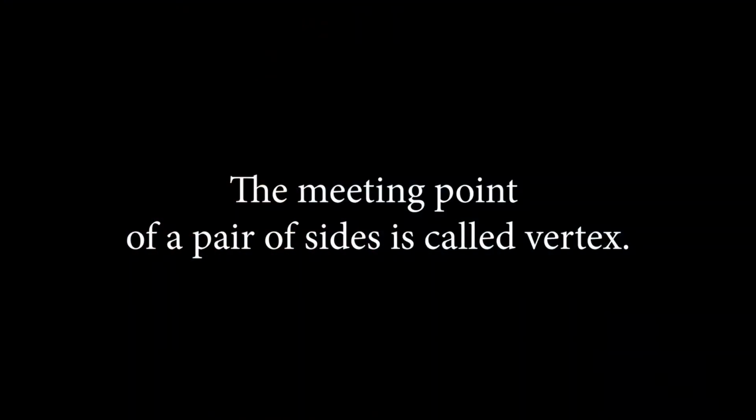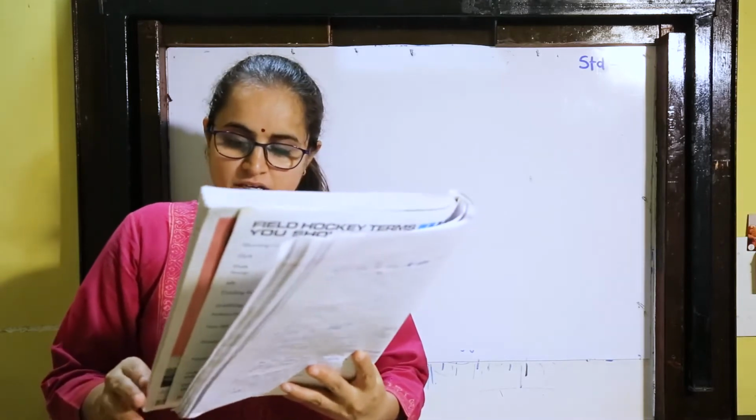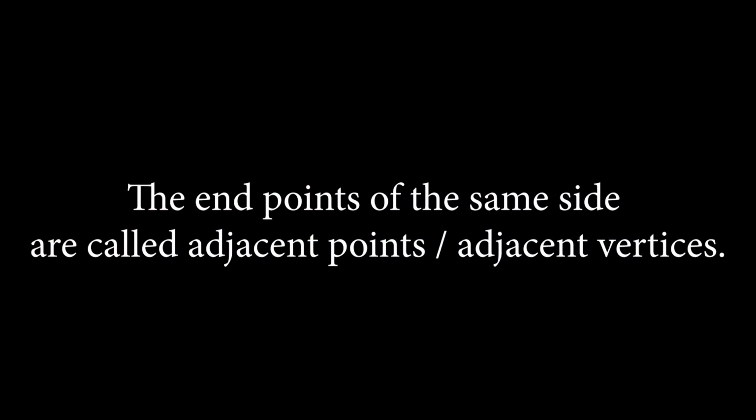The meeting point of a pair of sides is called a vertex, meaning the point joining two line segments. The fourth point: the endpoints of the same side are called adjacent points or adjacent vertices.